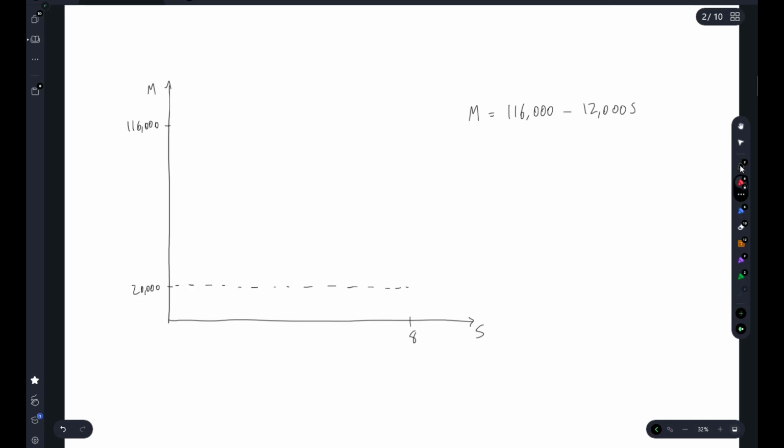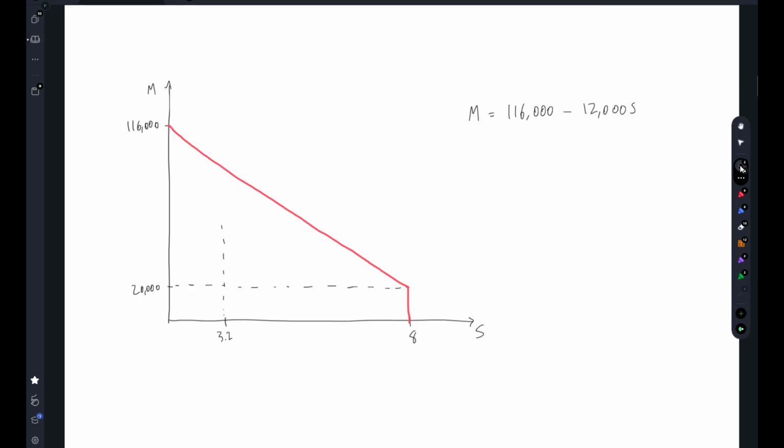Drawing in our budget, it's going to come down to that kink, and it's going to go straight down to the axis. This is going to give us a trapezoid-shaped budget set. Marking out our utility maximizing point, we calculated earlier that shirking will be approximately 3.2.